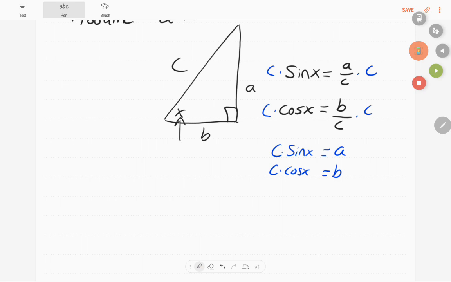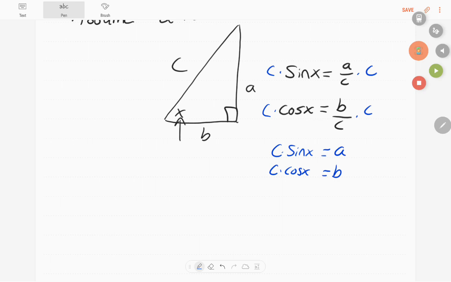So here's the cool part. There are actually two others, and the two others happen to be the same thing as this. They're pretty much equivalent. All that I'm going to do is rearrange just a little bit.